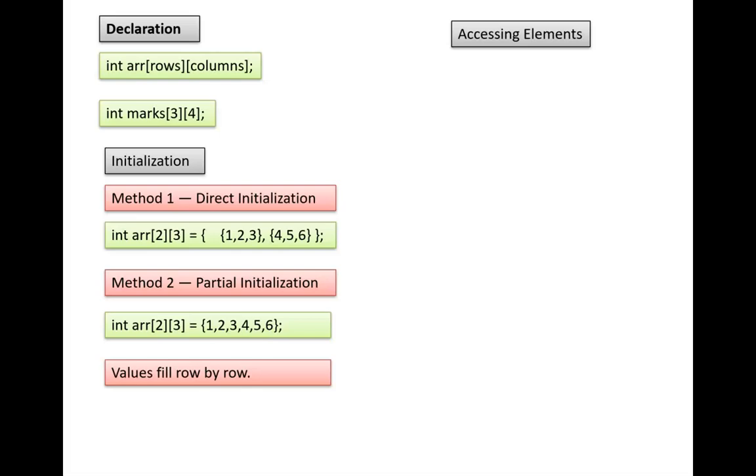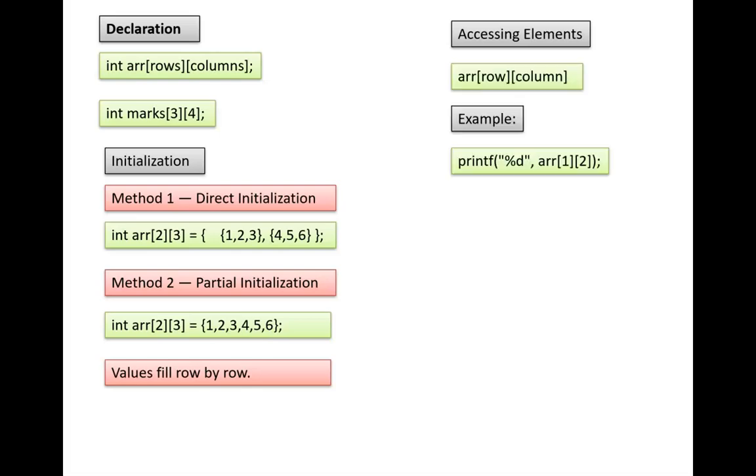Now the next question should be, how should I access elements? Obviously, I use my printf and scanf statements. How? I can say printf("%d", arr[1][2]). If that is the case, the data element present at the first row and the second column will be printed.